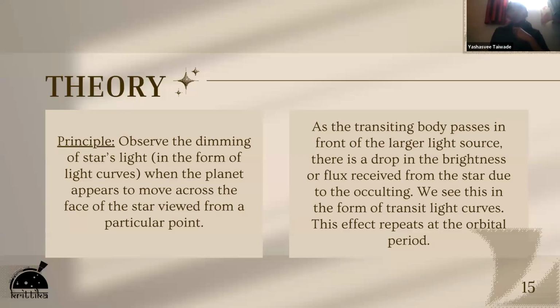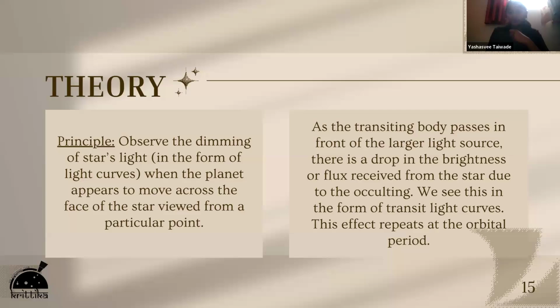Now, this light can be blocked for a number of reasons, but how we confirm that it is an exoplanet or not is something that you will learn further ahead, maybe in the next session. So, as a transiting body passes in front of a larger light source, there is a drop in brightness, or the flux which we receive from the star.